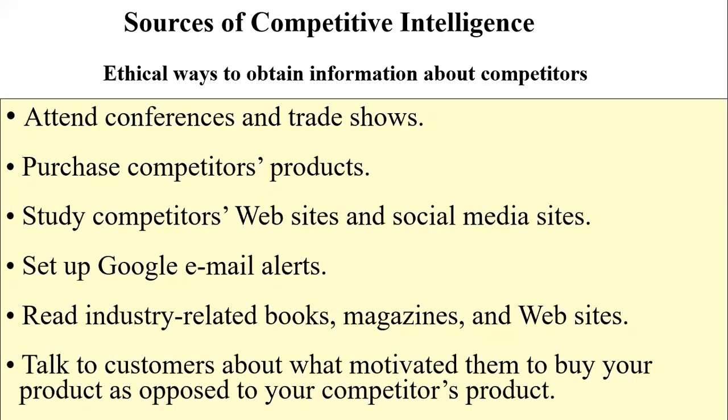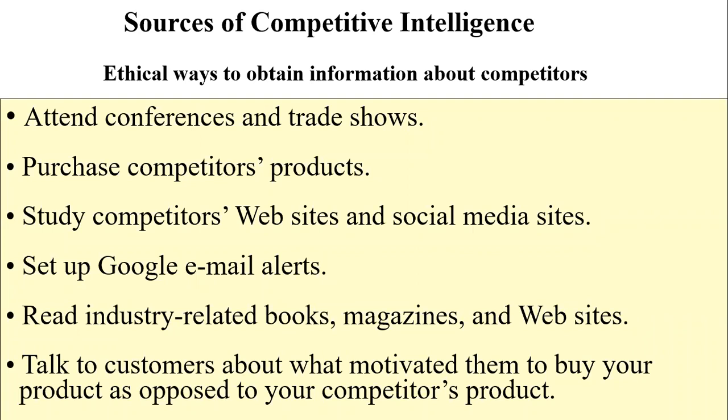So what are some of the ethical ways to obtain information about competitors? There are so many potential avenues that new entrants or new ventures can potentially acquire information on their competitors.